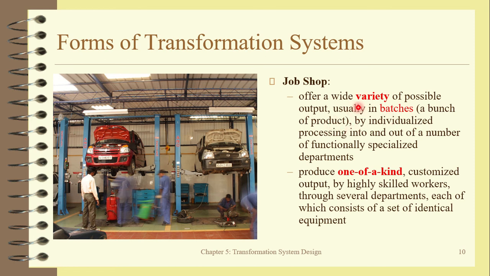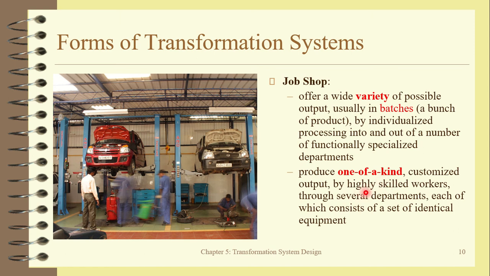Since they produce a variety of output, normally they produce one of a kind. You order the product, they produce it for you. That is a one-of-a-kind product. And sometimes we call this process producing customized or even personalized products for you.